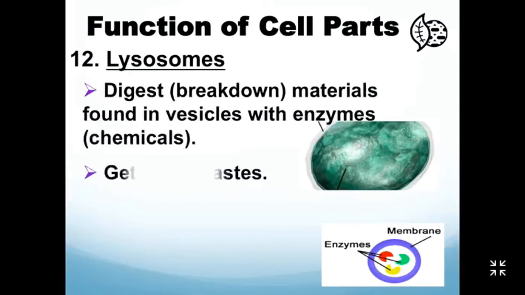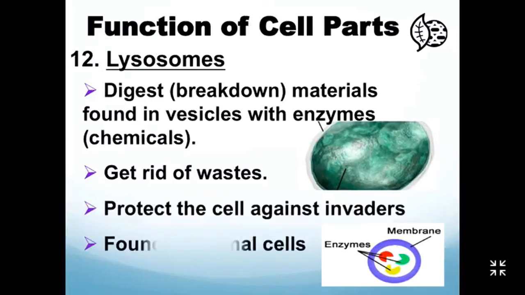Lysosomes. For lysosomes, they digest or break down the materials found in the vesicles with enzymes and chemicals, get rid of waste, and protect the cell against invaders found in animal cells. So again, it is only found in animal cells, like in eukaryotic cells.